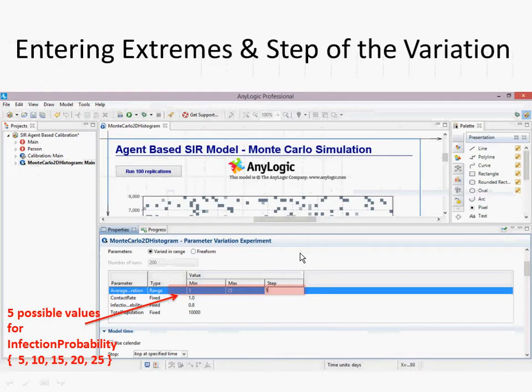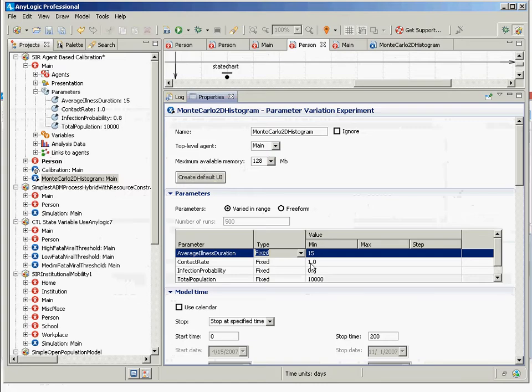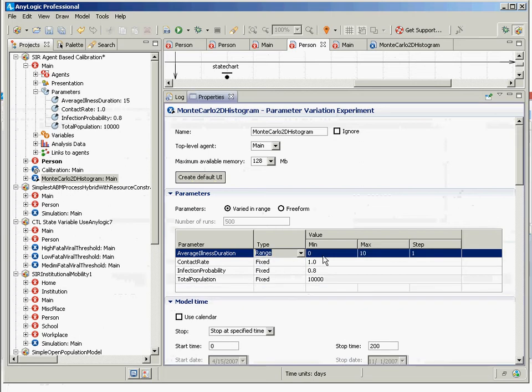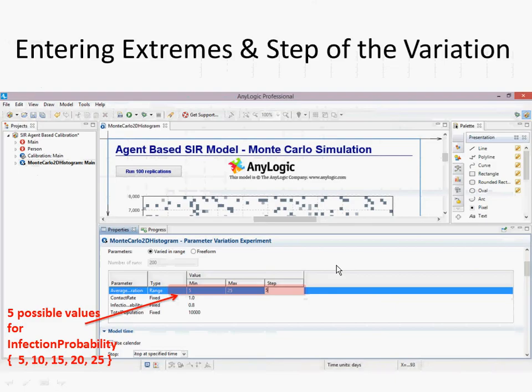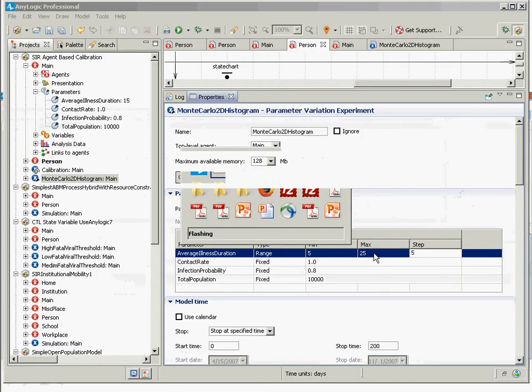So here we go, it's a range, 5 to 25, step 5. That means in successive runs we'll be examining successively larger values of this parameter. You'll note that there are specifically 5 possible values for that parameter.